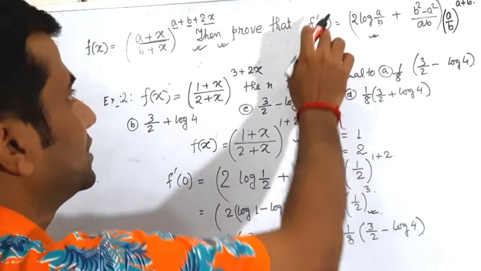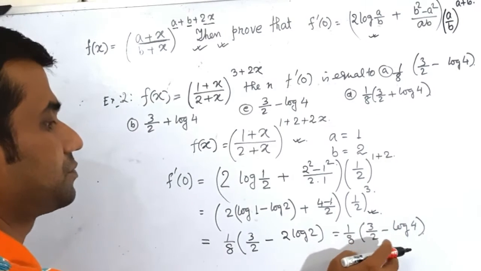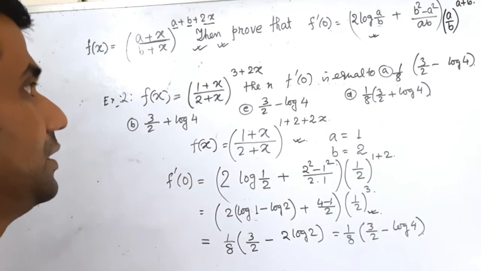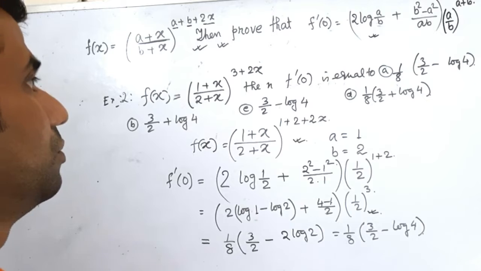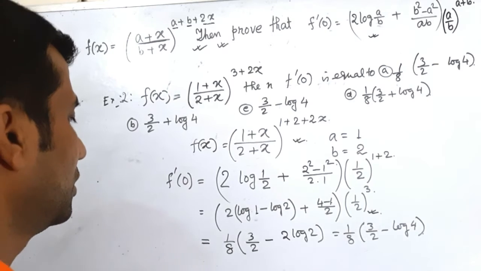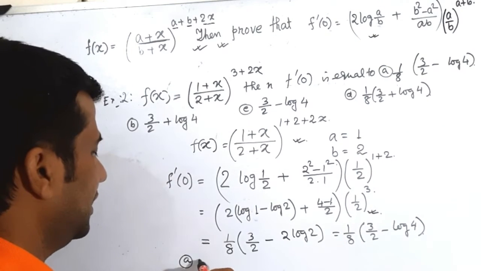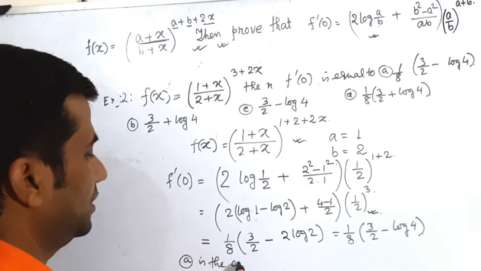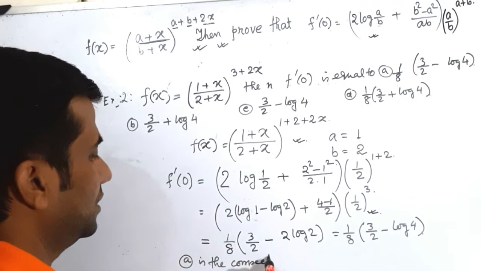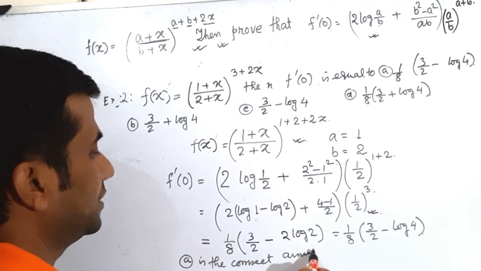So using this result we get the answer 1/8 into (3/2 minus log 4). So A is the correct answer.